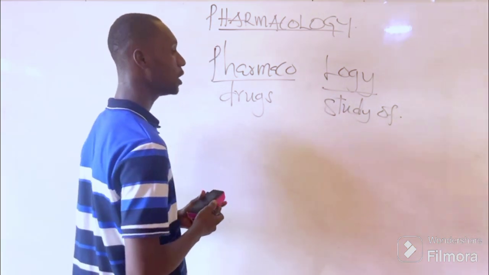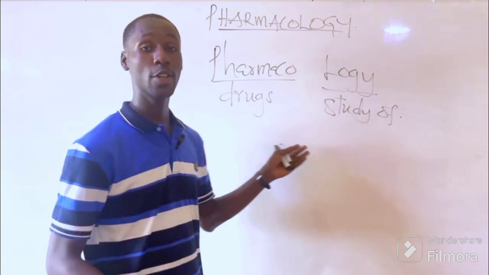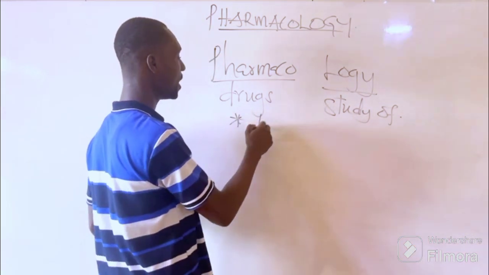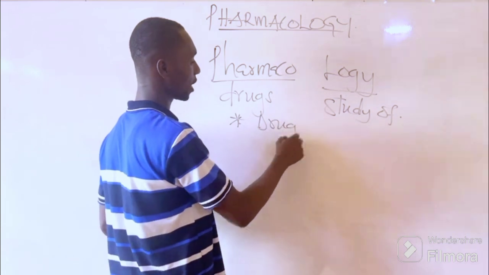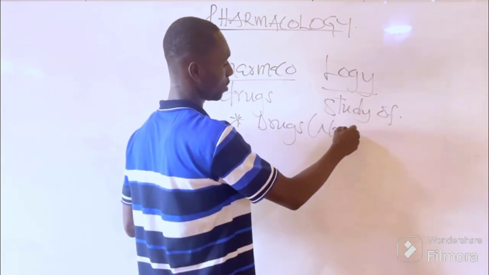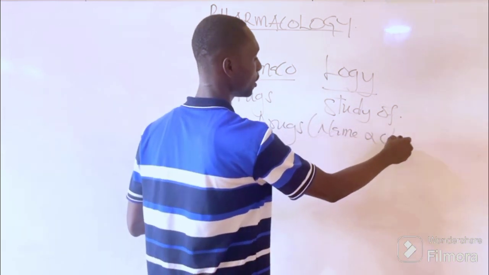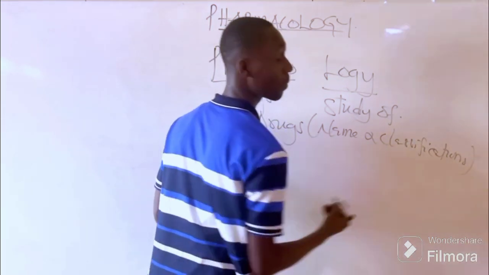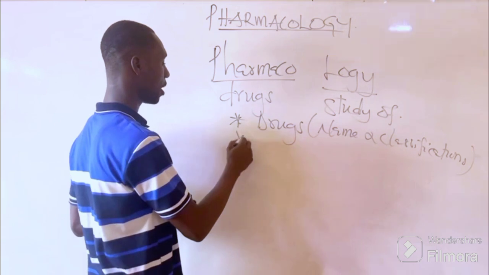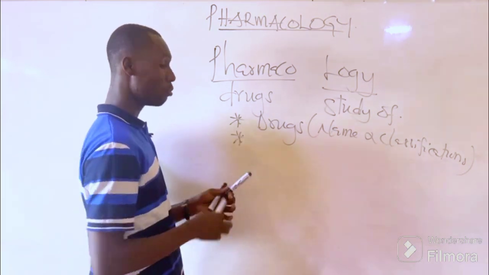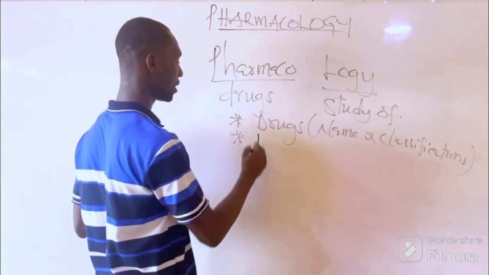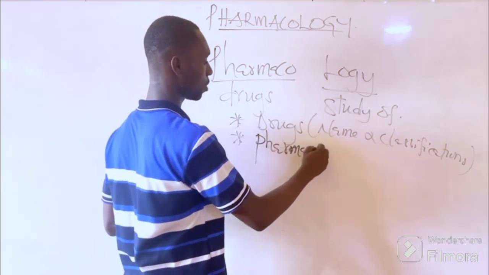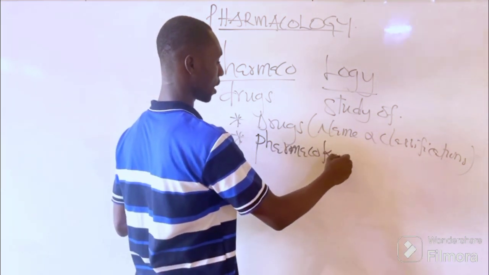Now, under pharmacology, we are going to study the names and classifications of drugs. And then after that, we will talk about the movement of the drug. That is pharmacokinetics.